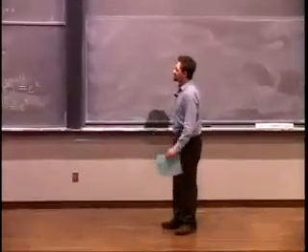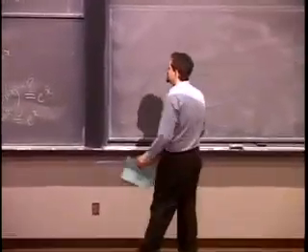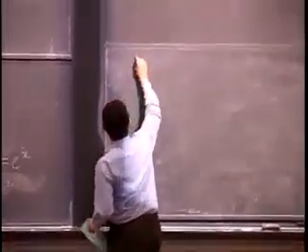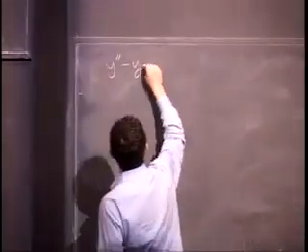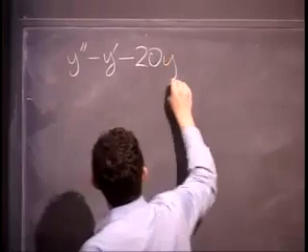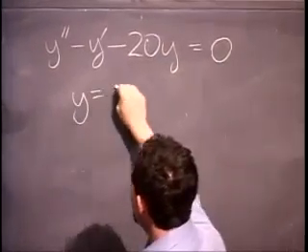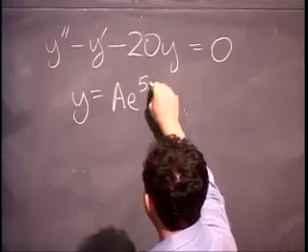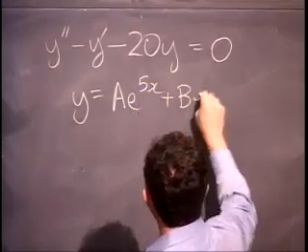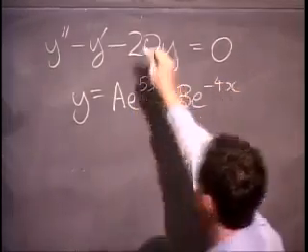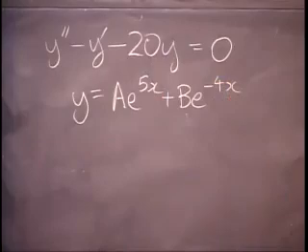Well, here's the real nub of the situation. We saw that the solutions of y double prime minus y prime minus 20y equals 0, we saw that a e to the 5x plus b e to the minus 4x will work. Now let's take a look at this.